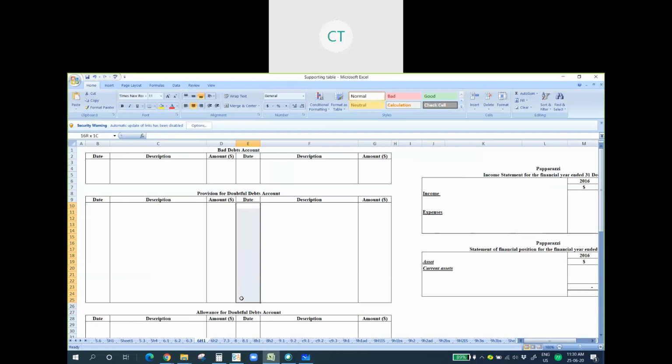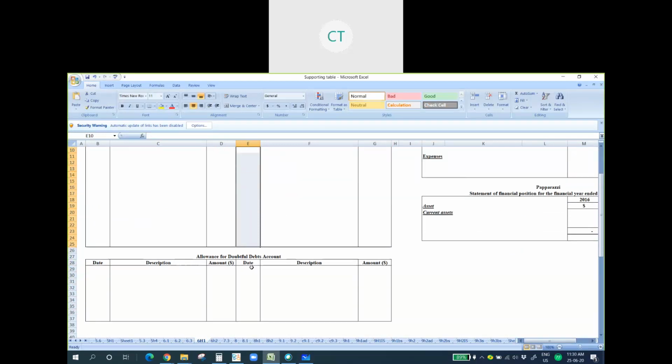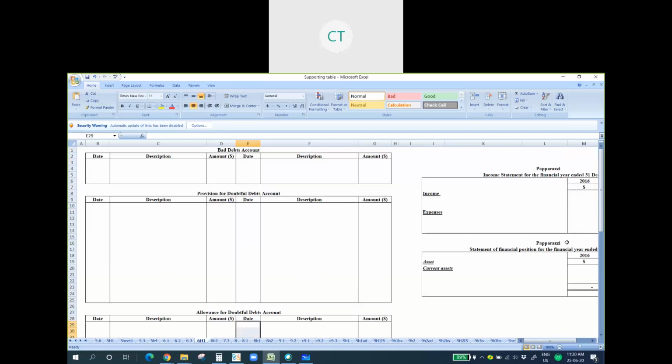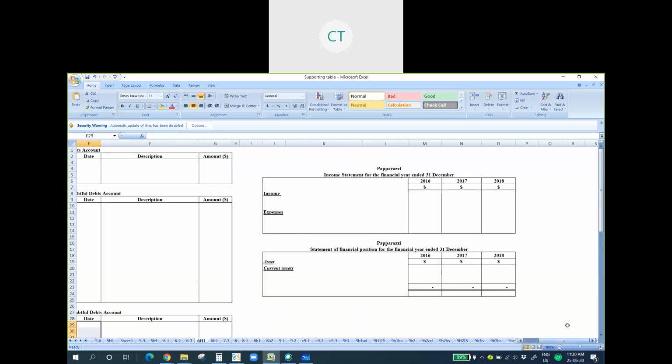Provision for doubtful debts, about 15, and about 10 for the allowance for doubtful debts. And the income statement and statement of financial position you prepare in this format. So we will show 2016, 2017, and 2018 together. All right, I give you 5 minutes. Please draw the ledger and also the income statement and statement of financial position.